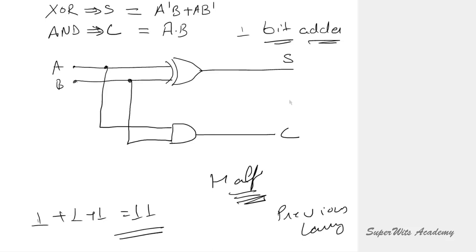So if we wanted to have the previous carry, we have to create a truth table corresponding to it. We have A, B and carry, and our corresponding outputs are C and S. Obviously this is carry and this is sum.